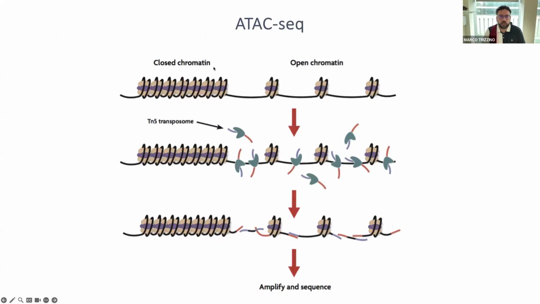So again, you have your heterochromatin, and then your euchromatin here. Euchromatin again is where you remove the histones, and your DNA is free and naked to be bound by transcription factors. And so this is used to our advantage because there is this enzyme, which is called Tn5, which is an enzyme that is only able to interact with naked euchromatic DNA.